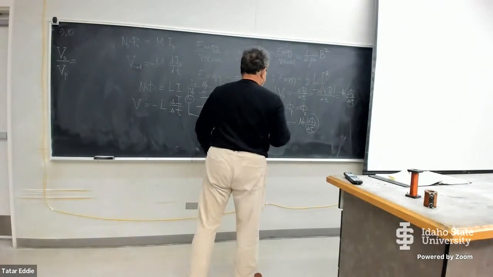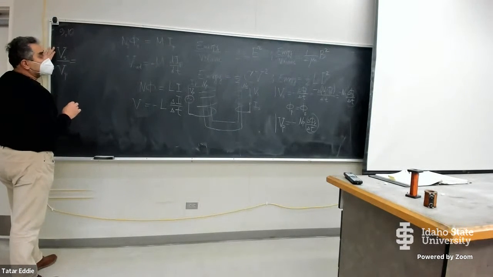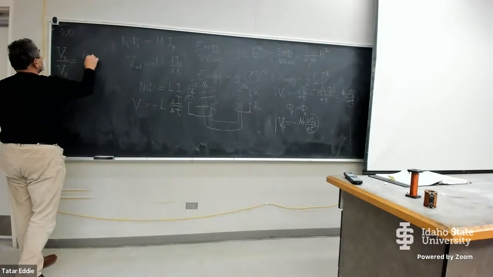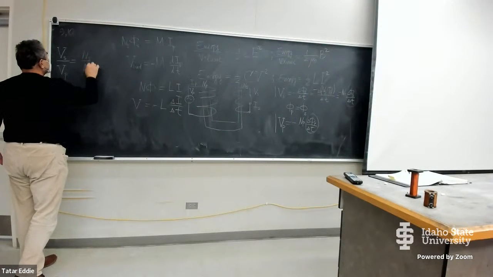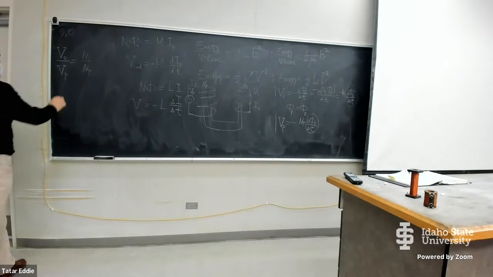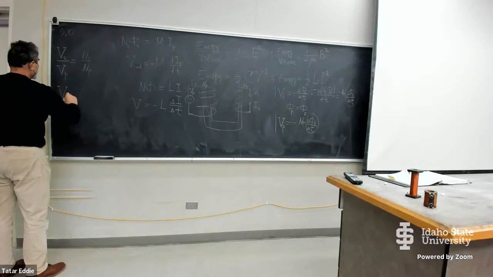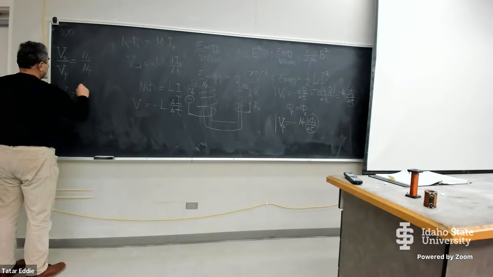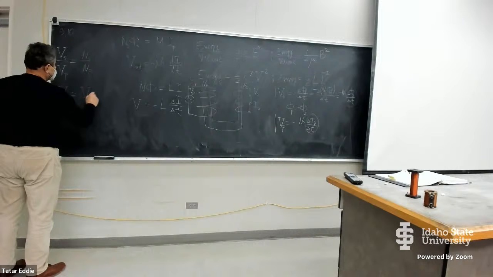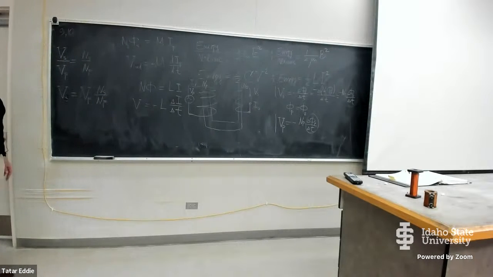So because of this cancellation, you get that the ratio of voltages is equal to the ratio of the number of turns. In other words, the voltage that is going to appear in the secondary coil is equal to the voltage that is in the primary coil times the ratio of the number of turns.